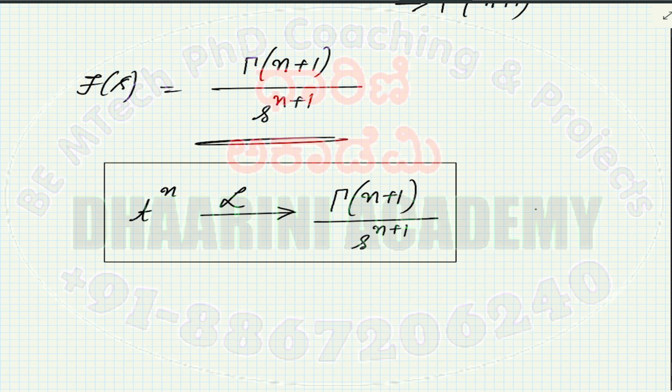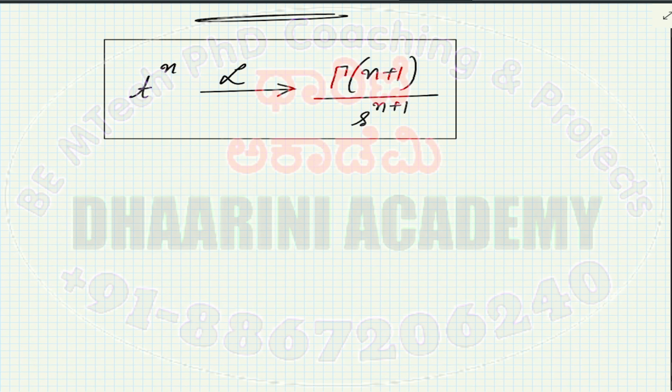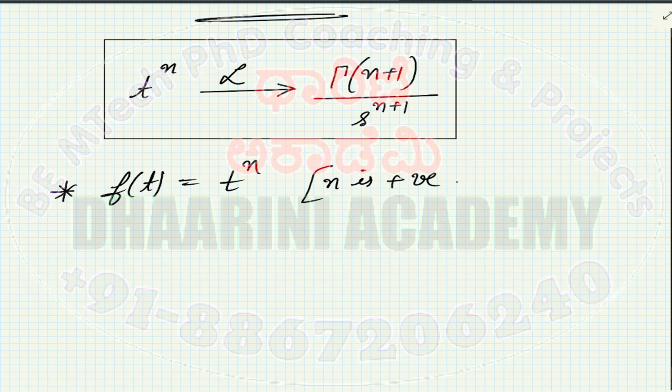Okay, now the next function is this one. F of t is equal to t to the n, but here n is a positive integer. So we use the previous result for this, right?